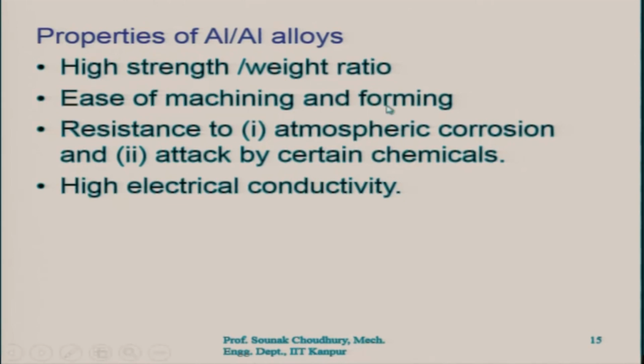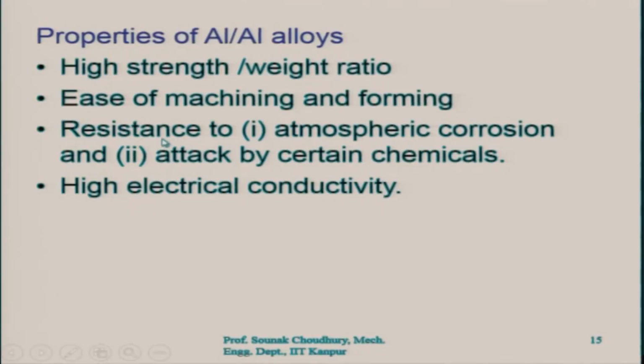After casting, it can be machined easily if required. Similarly, after forming, it can be given a finish shape if required. So, machinability of aluminum is better, and it is a very desired property, because in many cases after casting or metal forming of aluminum, we need to have the final shape by machining.